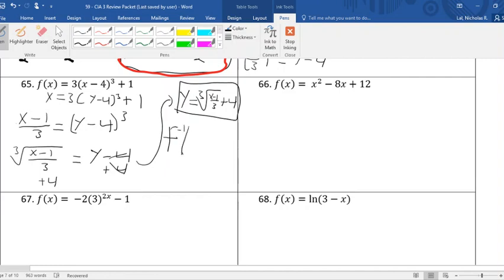So the inverse of the function is going to be equal to the cube root of x minus 1 over 3 plus 4.